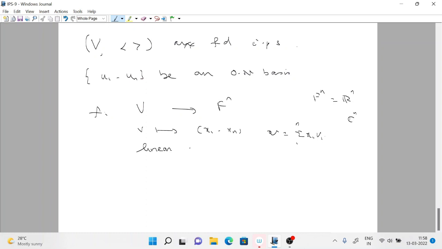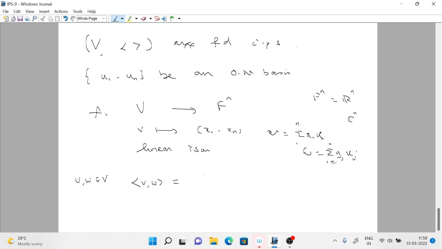Now I can ask a very interesting question. Suppose I take v and w in V, and let's look at the inner product of v and w. Suppose v is the summation of xi ui and w is the summation of yj uj, i equal to 1 to n. Remember u1 to un is an orthonormal basis. I wrote vi by mistake.